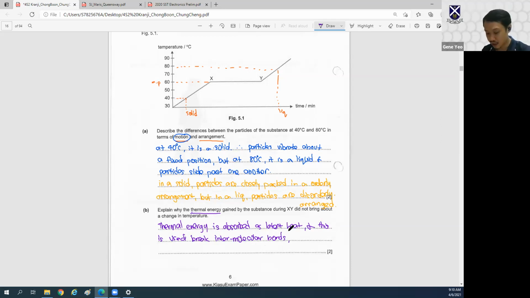Now the second part is, the KE doesn't change. Therefore, the temperature stays constant.